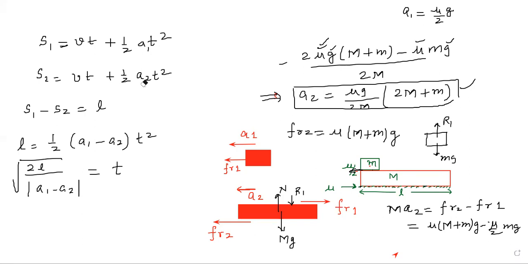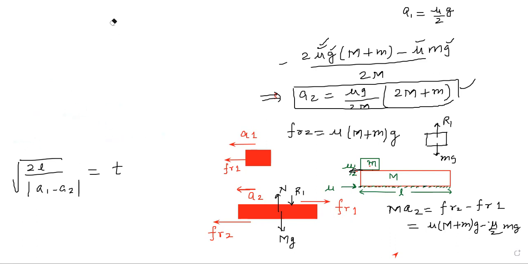So let's find out what a1 minus A2 is and then its modulus. a1 is mu g upon 2, minus A2, which is mu g upon 2M times 2M plus small m.